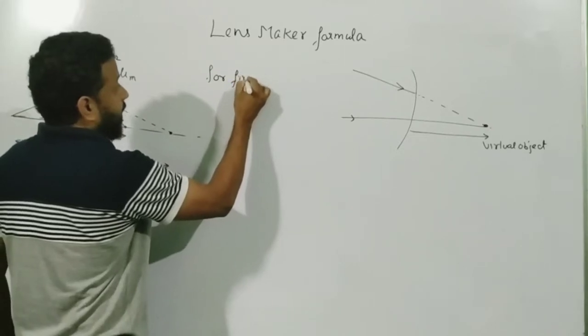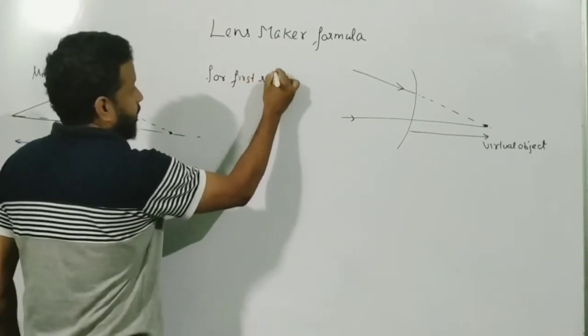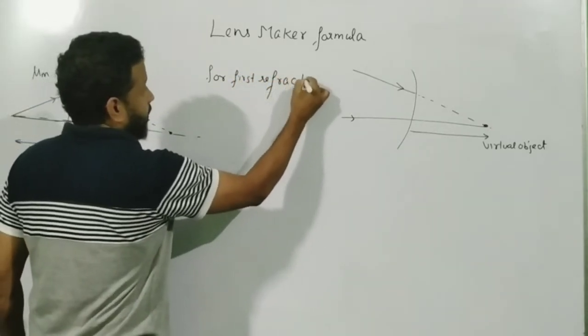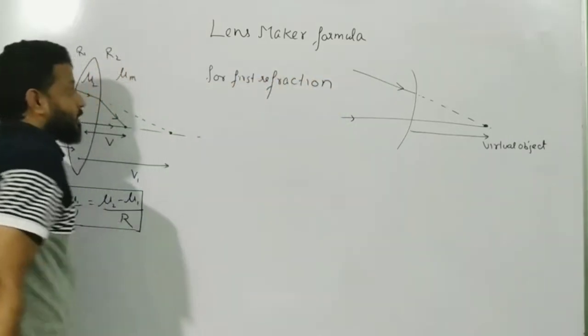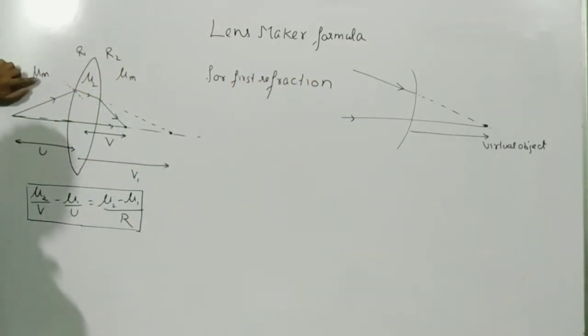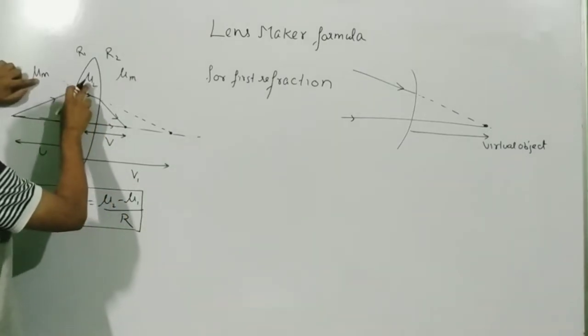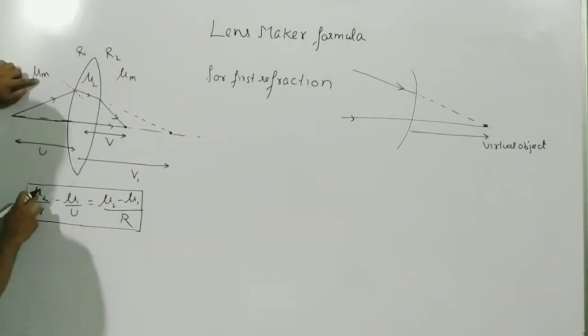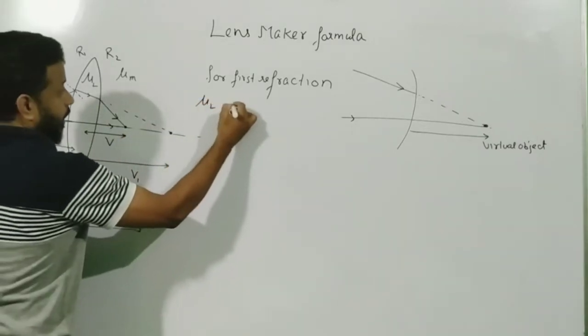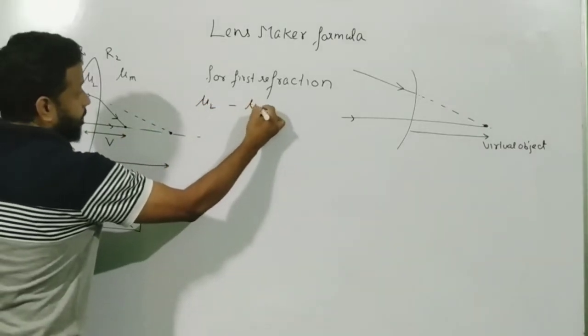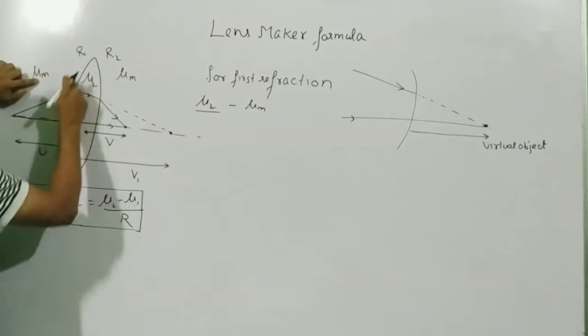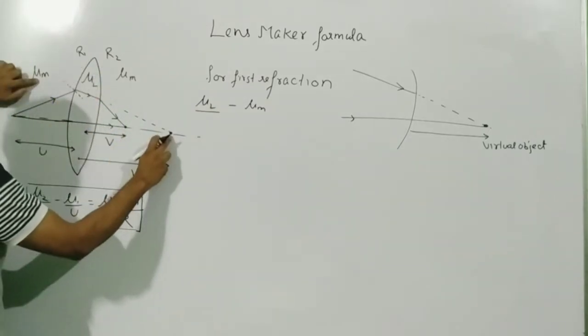For the first refraction, the incident ray is in this medium mu m and the refracted ray is in this medium mu l. That means my mu2 is mu l and mu1 is mu m. For the first refraction, this is my image, this point.